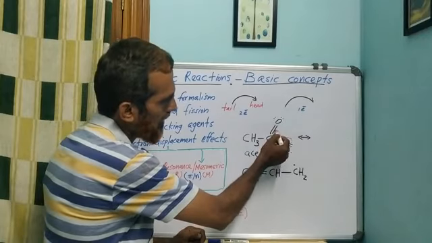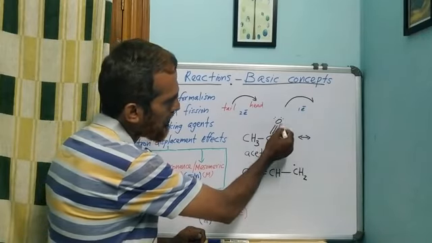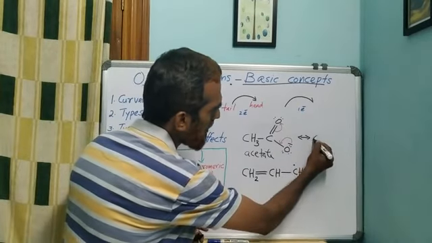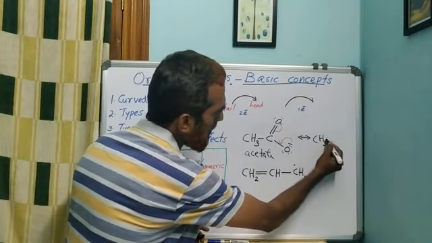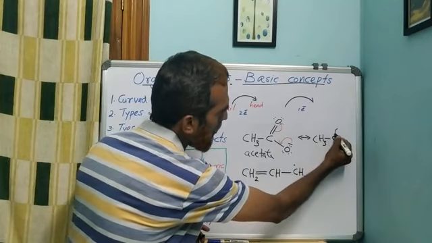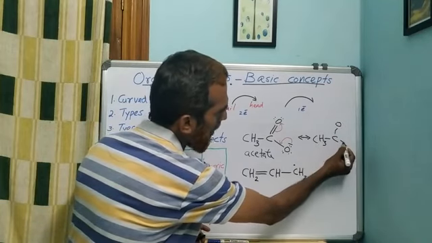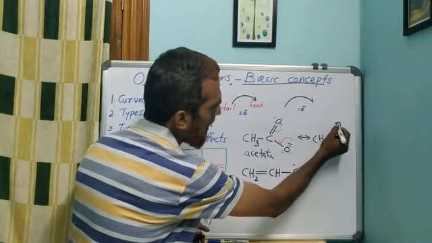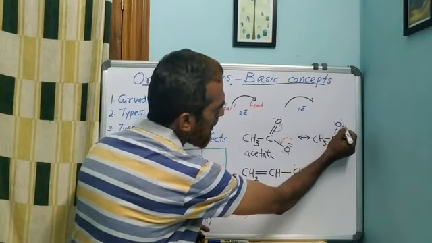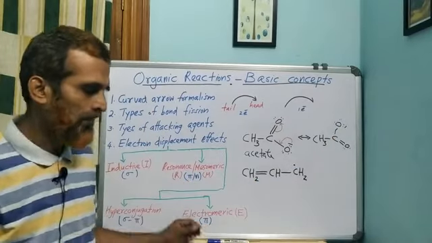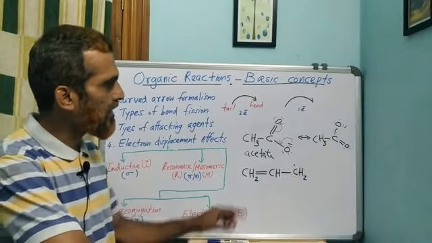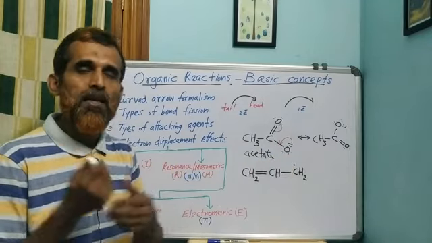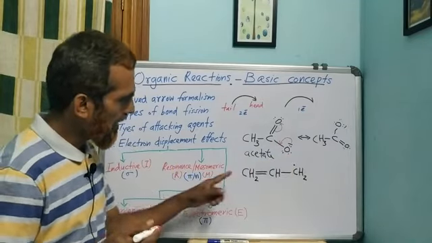Consequently, this bond pair will go to this oxygen, becoming a lone pair. So the next resonance structure will come like this: CH3, C single bond O, and this is a double bond O. The lone pairs on this O, here two, here become three, and the negative charge comes here. So we make use of these curved arrows like this in drawing resonance or in reaction mechanisms.